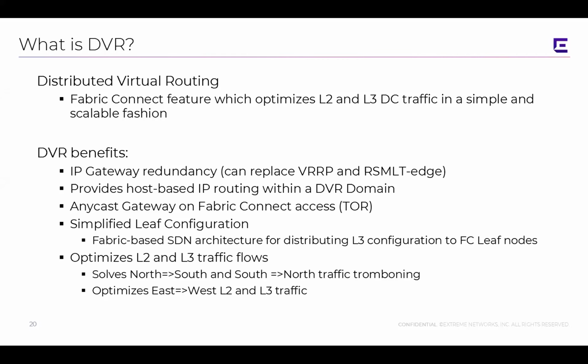And it provides host-based routing, which is kind of interesting, because each and every host will have its own /32 address and netmask pair. So this is host-based routing, and it relies on anycast.